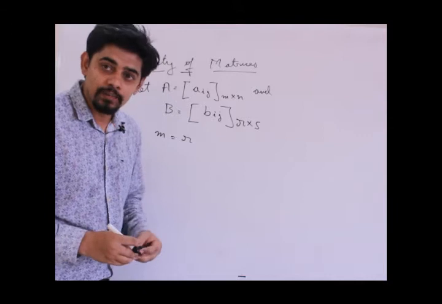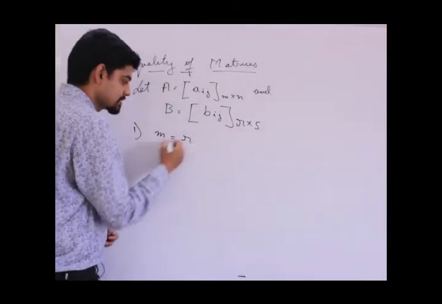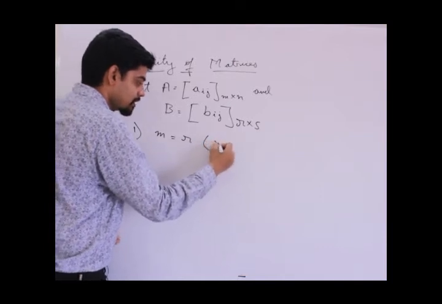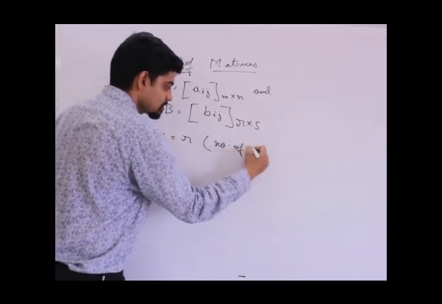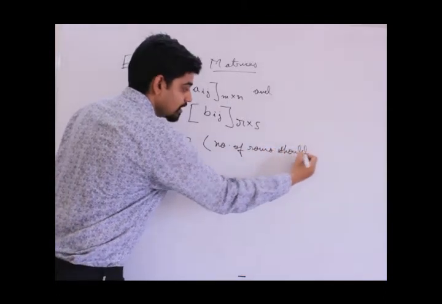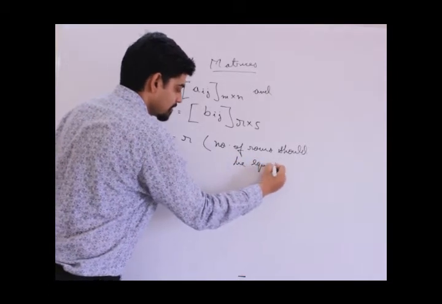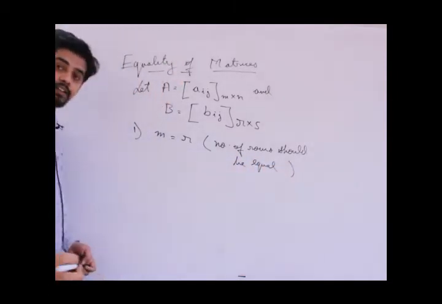R denotes the number of rows. So if M is equal to R, that means the number of rows should be equal. This is the first condition.